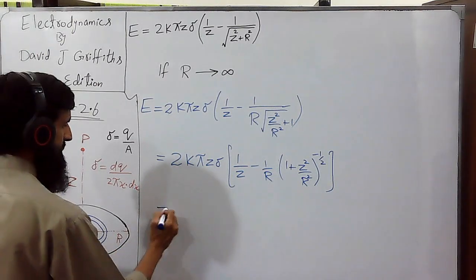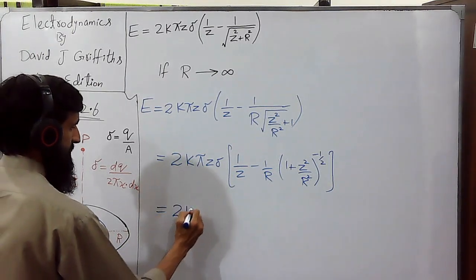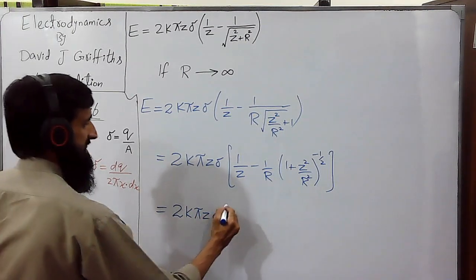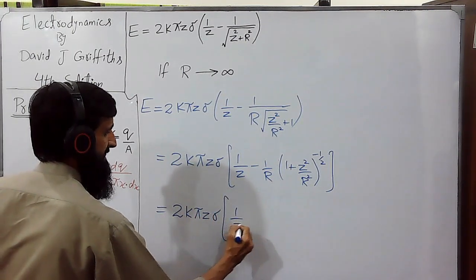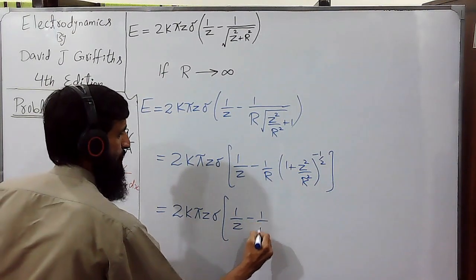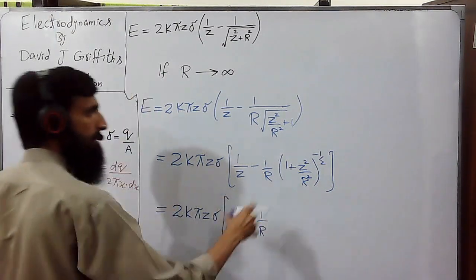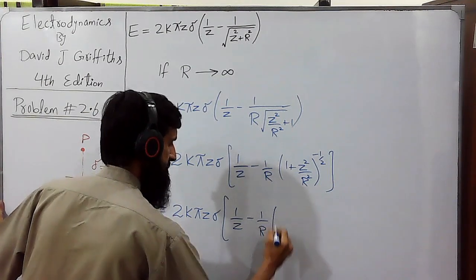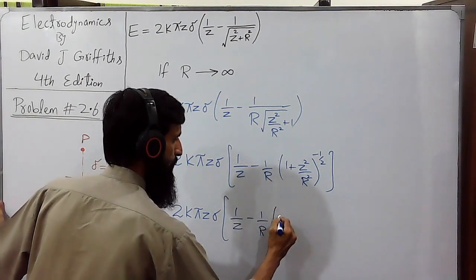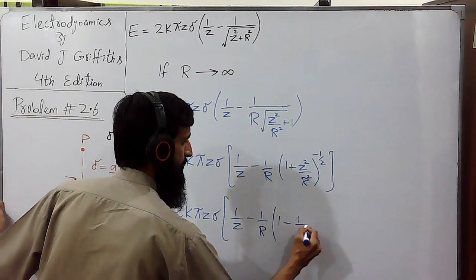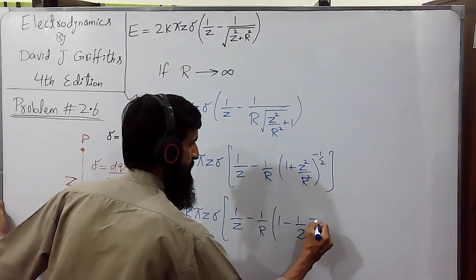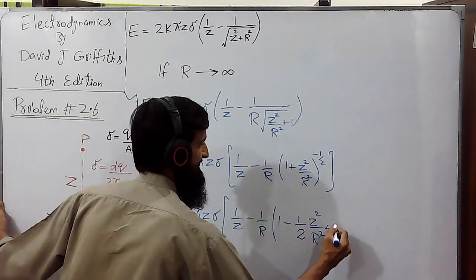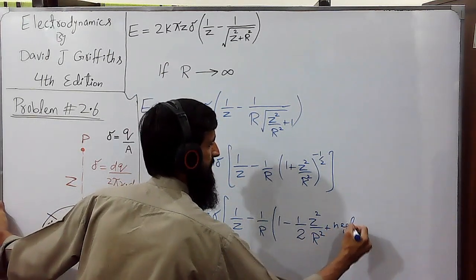Now in the next step it becomes 2k pi z sigma times 1 by z minus 1 by r, and then by applying binomial expansion on this bracket, it becomes 1 minus 1 by 2 z square over r square plus neglected terms.